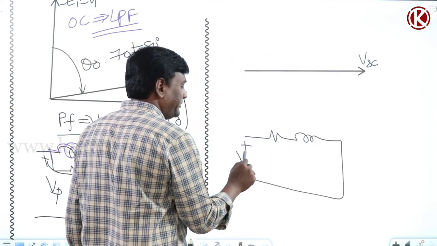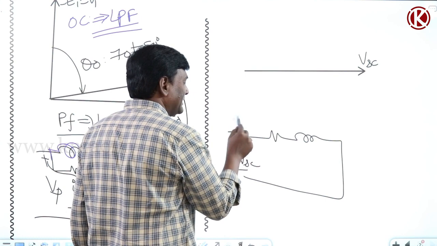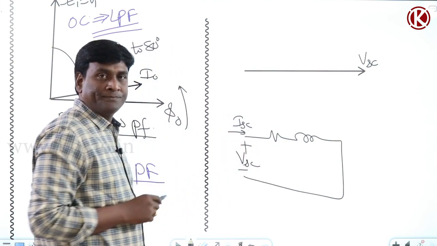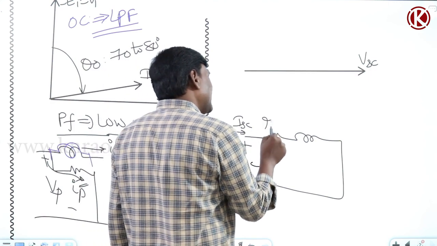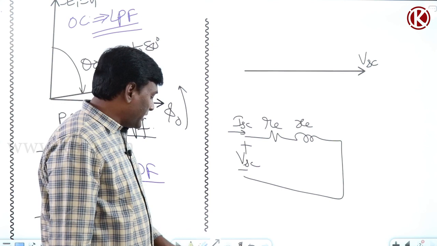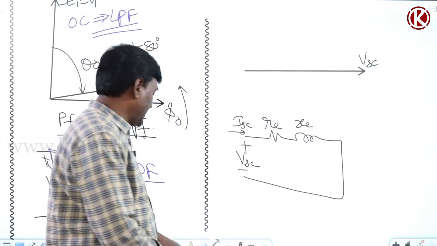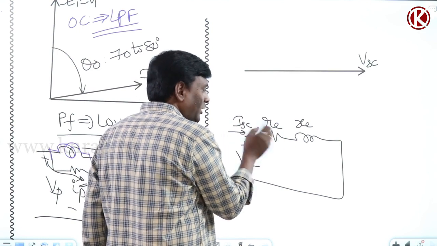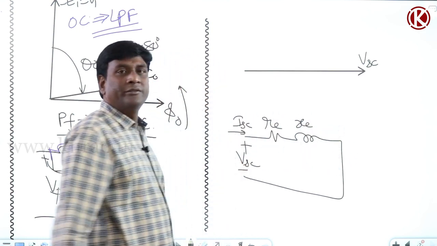The current flowing is ISC. So ISC should lag behind VSC by tan inverse of X by R. Now this is RE, this is XE. ISC should lag behind VSC, and ISC into RE plus ISC into XE is nothing but VSC.